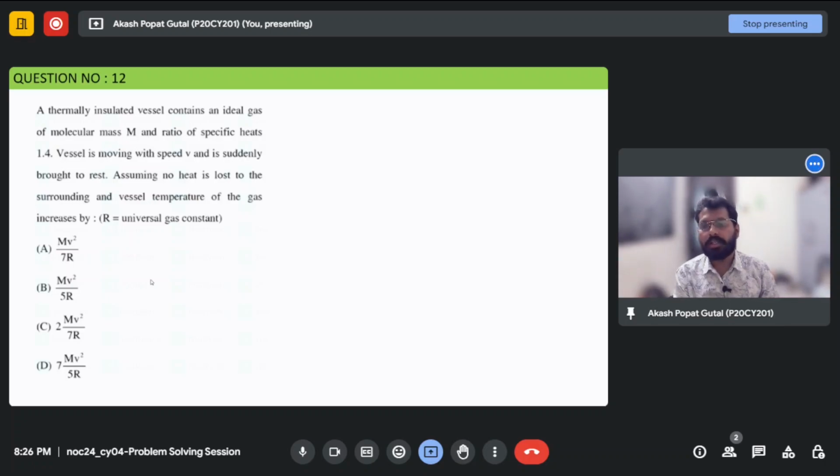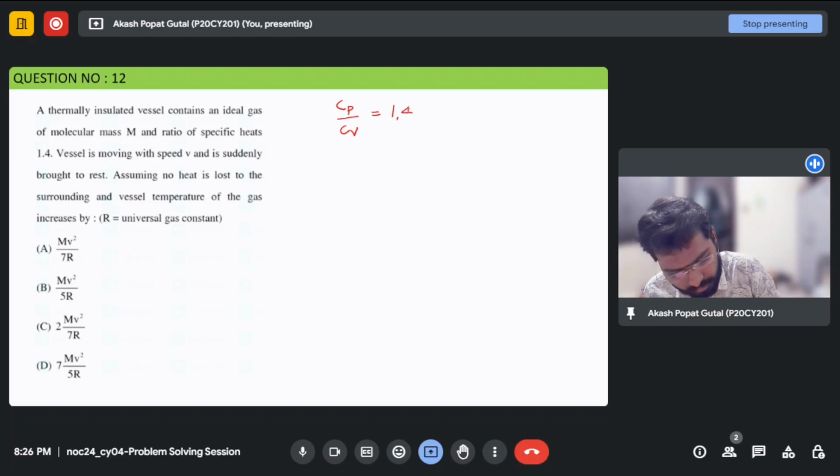Assuming no heat is lost to the surroundings, the temperature of the gas increases by, and the options are given. We need to calculate the temperature increase for the vessel. So CP by CV is given in this problem as 1.4.